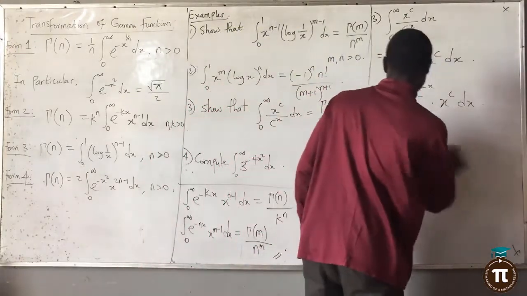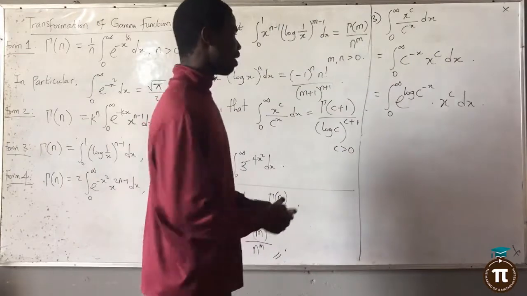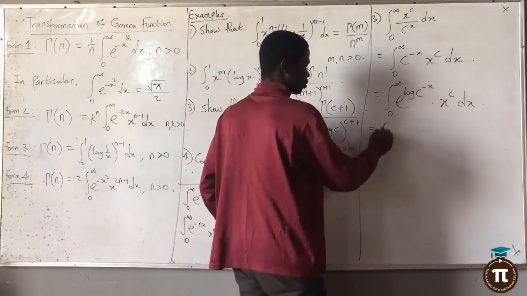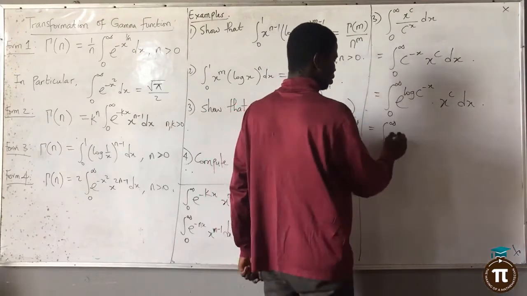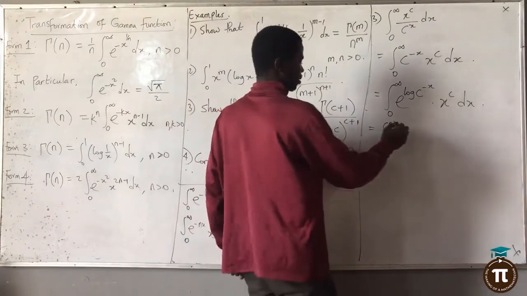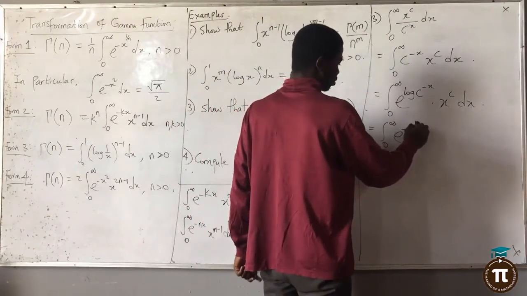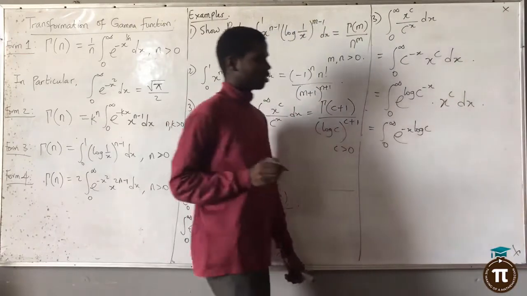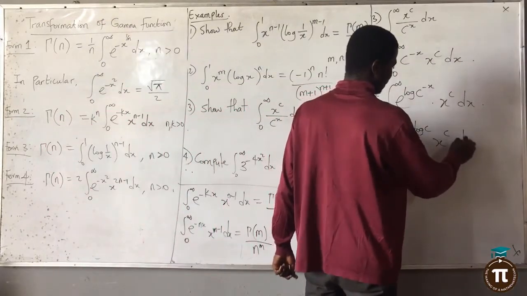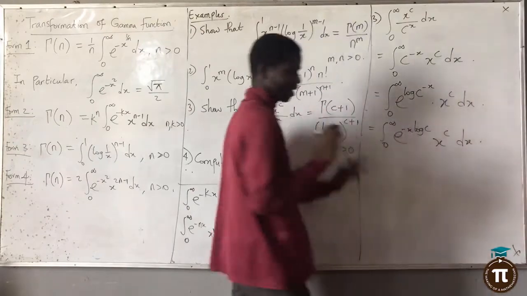So then, since this is power and this is log, this one will be equal to the integral from 0 to infinity of e raised to the power of minus s log c. Then I have s raised to the power c ds.